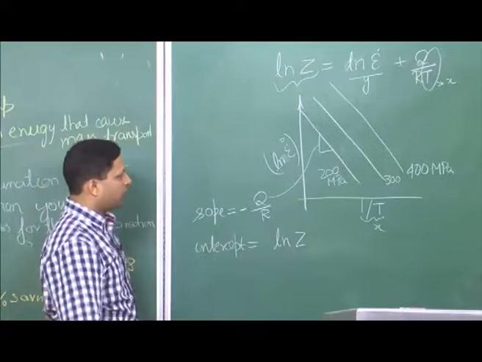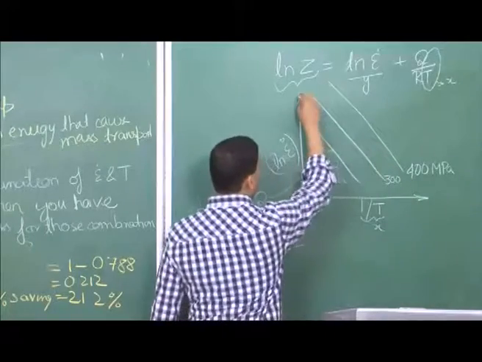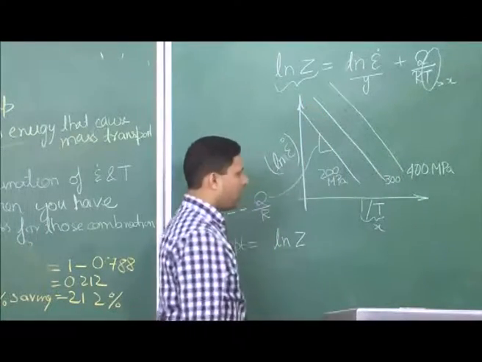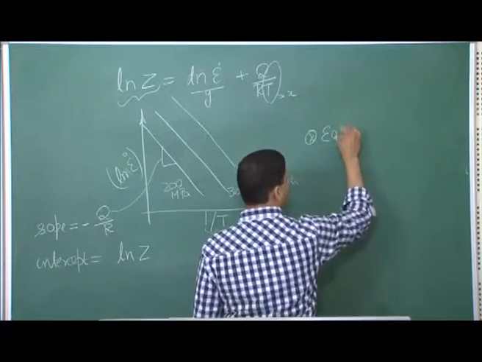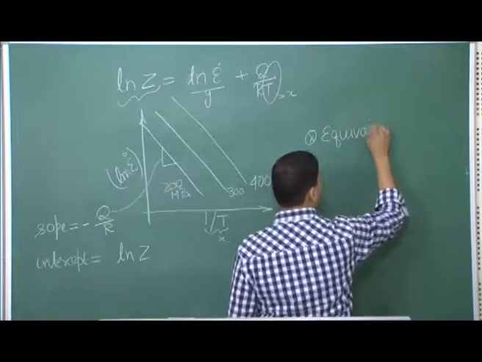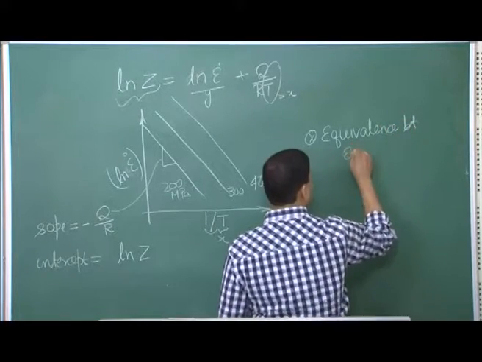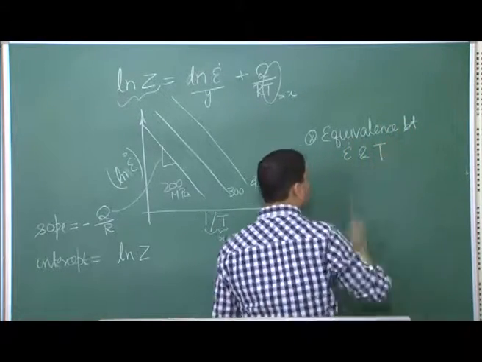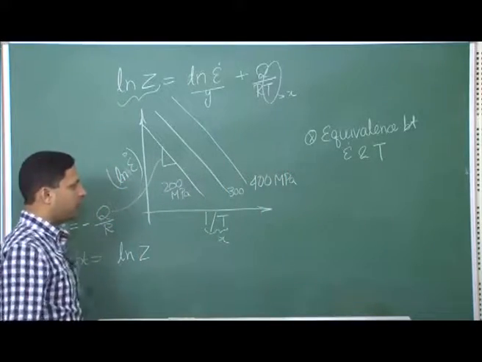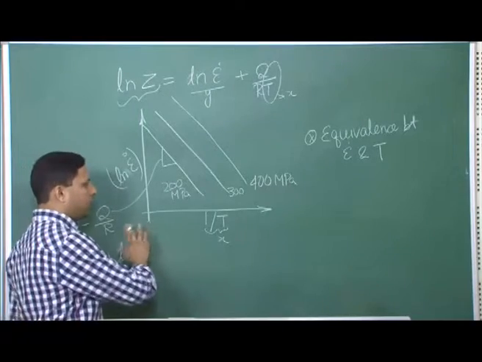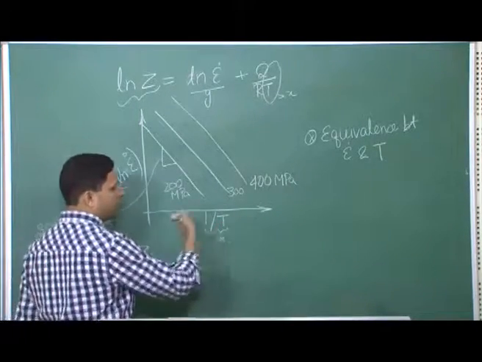So, once you are able to draw a plot like this, you are able to see not only the equivalence between strain rate and temperature. So, we do see that there is an equivalence between strain rate and temperature, although it is clearly saying that the temperature is increasing in this direction.